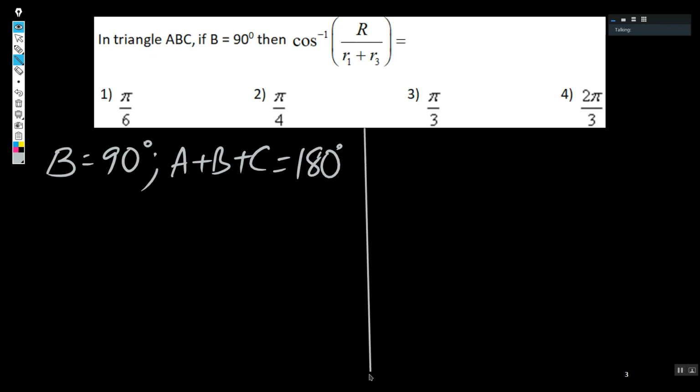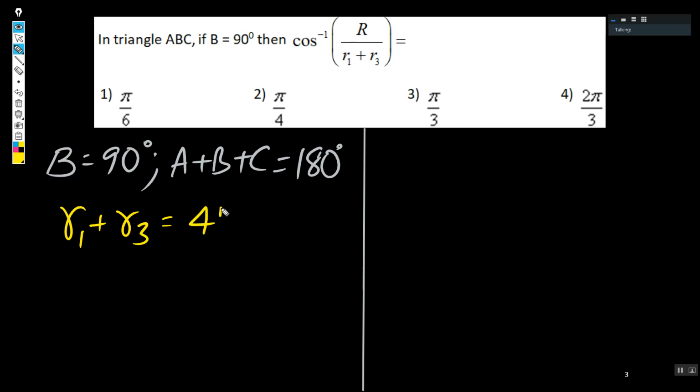Now, anyone, just now I derived this r1 plus r3 formula. Tell me the sin cos formula for r1. Anyone in the class, please respond. I repeat, the sin cos formula for r1: 4R sin A by 2 cos B by 2 cos C by 2. For r3: 4R cos A by 2 cos B by 2 sin C by 2.